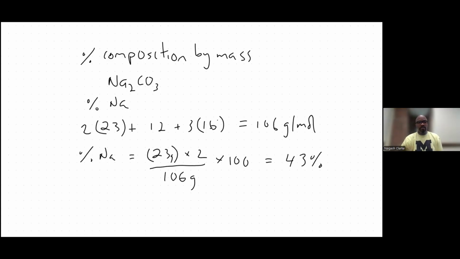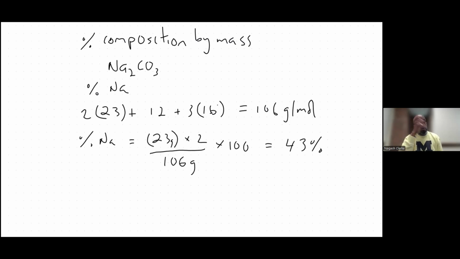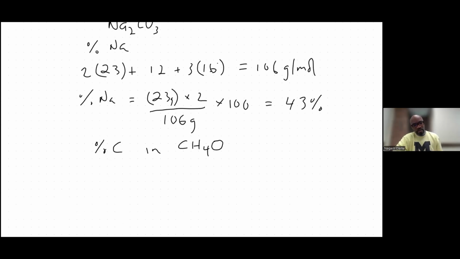What about, let's say we want to find the percent of C in CH4O. We have to find the molar mass first. That's 12 plus 4 times 1.01 for the hydrogen, plus 16 for the oxygen.